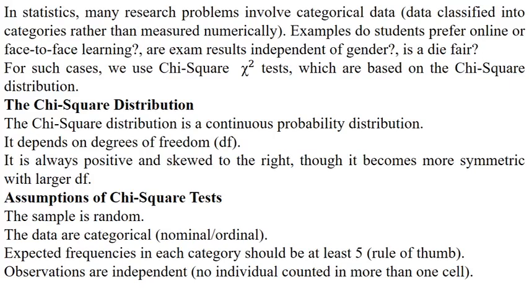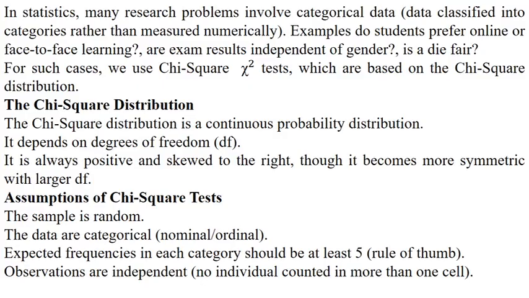Examples of categorical data: do students prefer online or face-to-face learning? It is in categories; we can't measure them numerically. Another example is, are exam results independent of gender? And is a die fair? That is another example of categorical data.